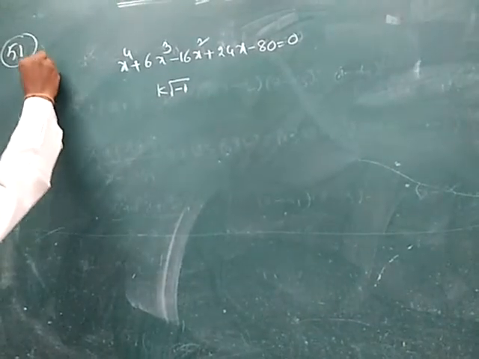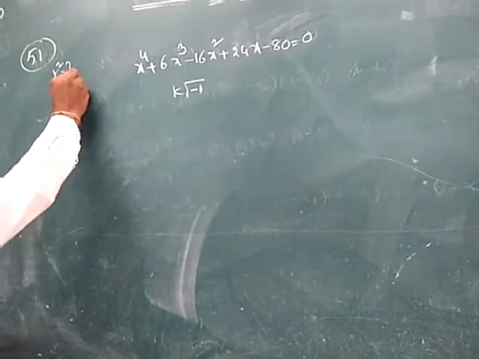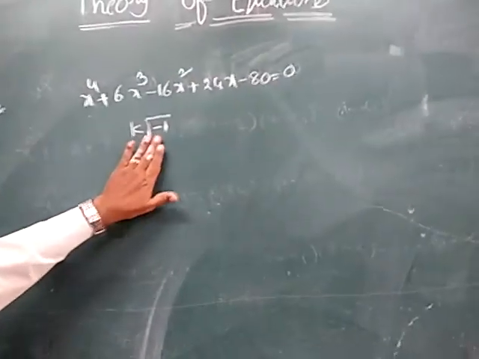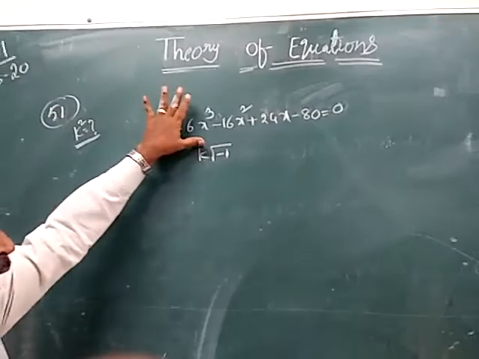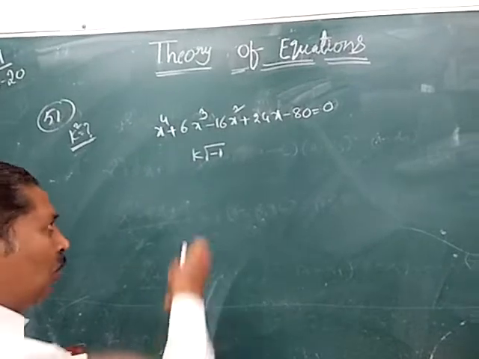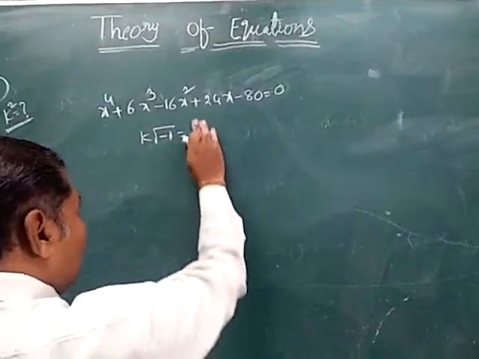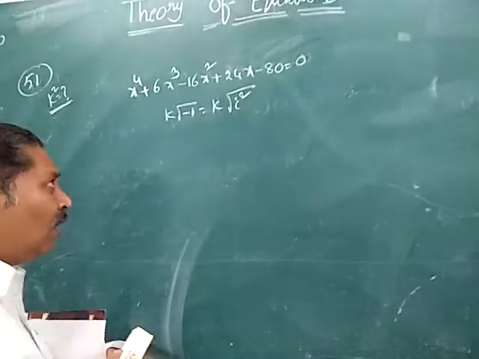Find the value of k square. This is a root of this one. Find k square value. So this is equal to k into i square.